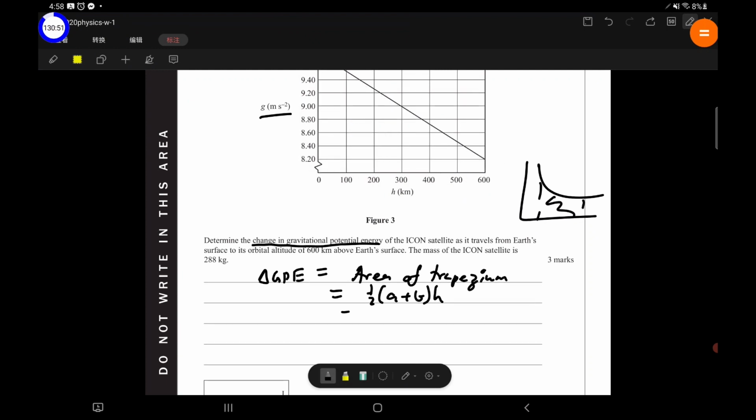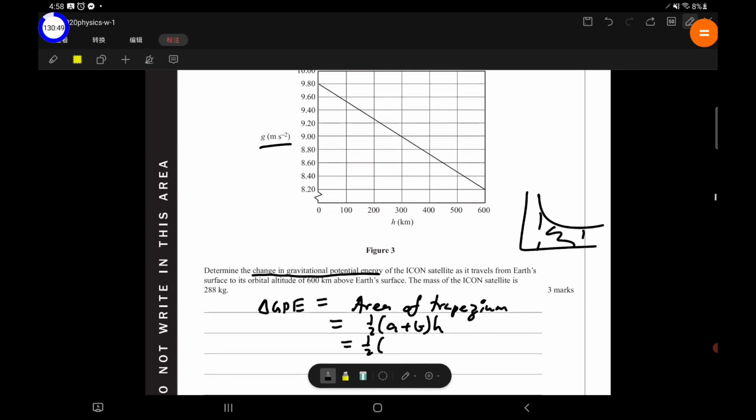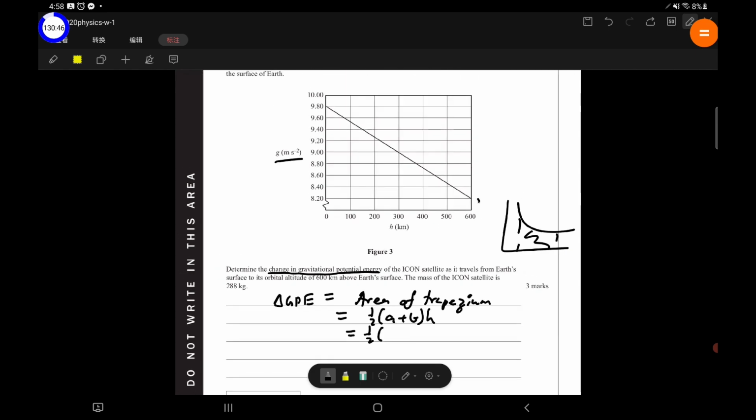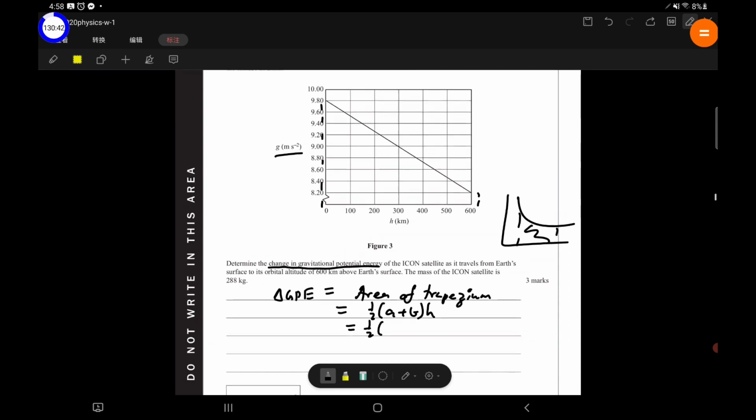All right, so this is the formula for the trapezium. Let's sub in our values. So half of A plus B, which is the average, essentially, of the two heights of the trapezium. But you obviously don't need to know that for physics.